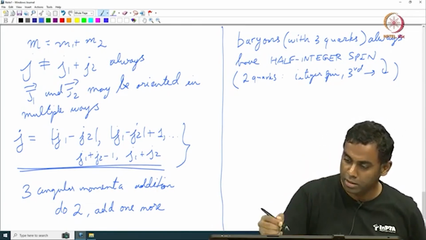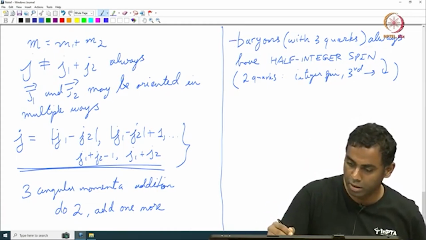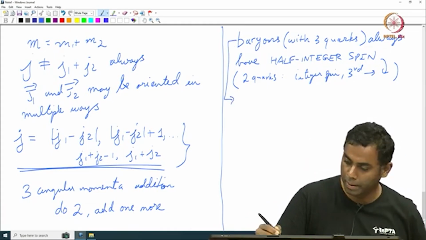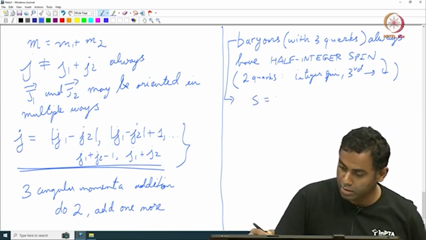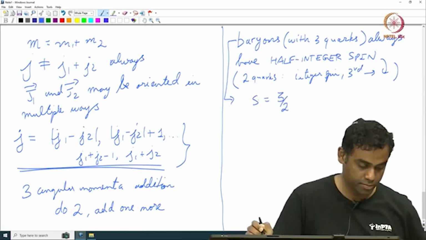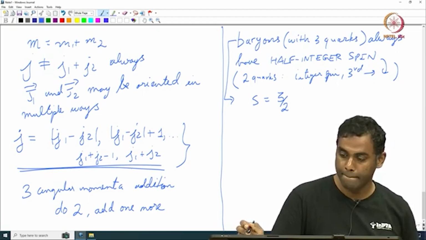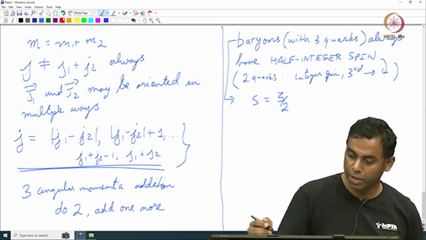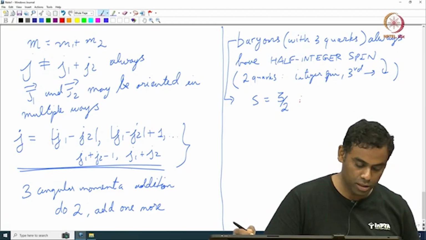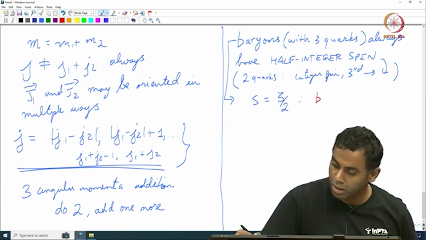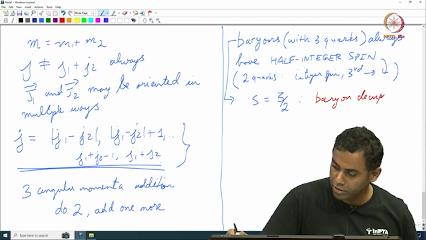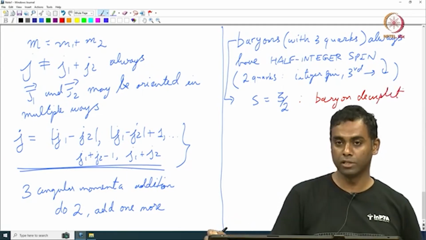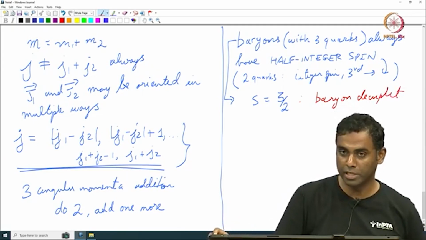So, that means I can have baryons with total spin 3 halves, absolutely possible, okay, and those baryons are the ones that go on the baryon decuplet, which we touched upon in the very first lecture, right, or maybe the second lecture.